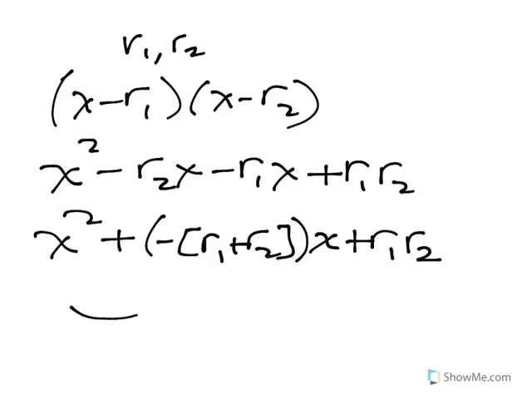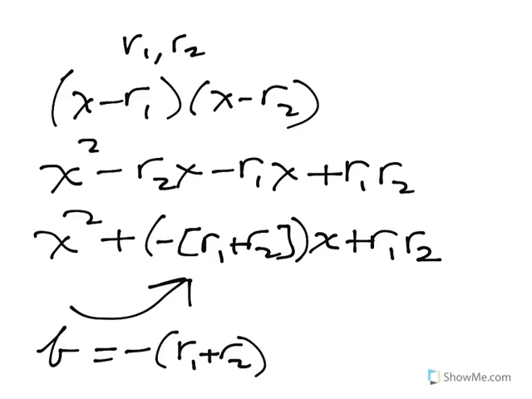And what happens is that this b term ends up being the negative sum of the roots, and the c term ends up being the product of the roots.